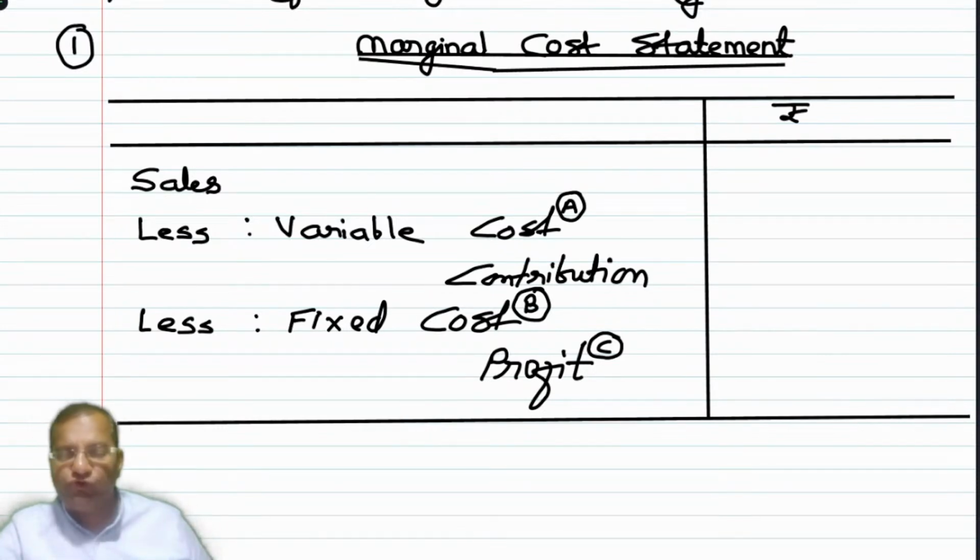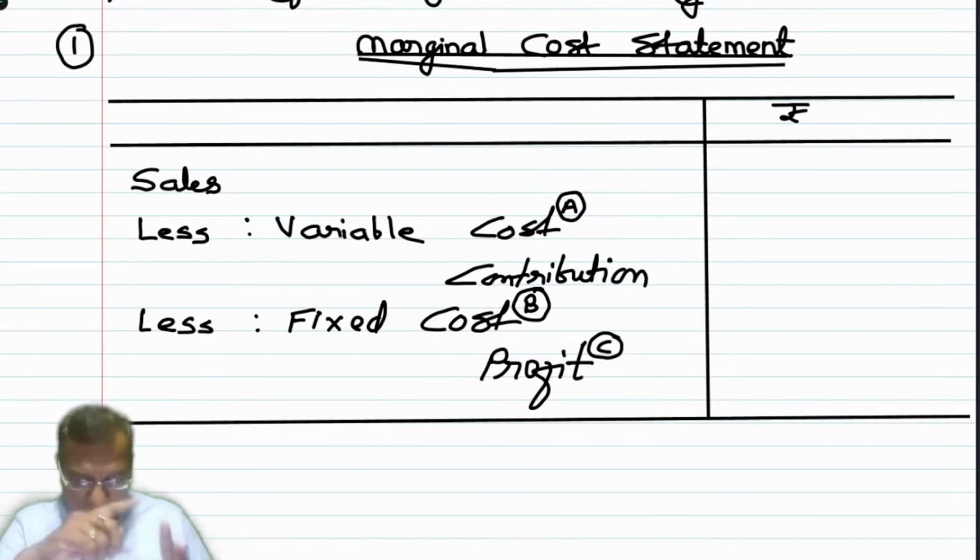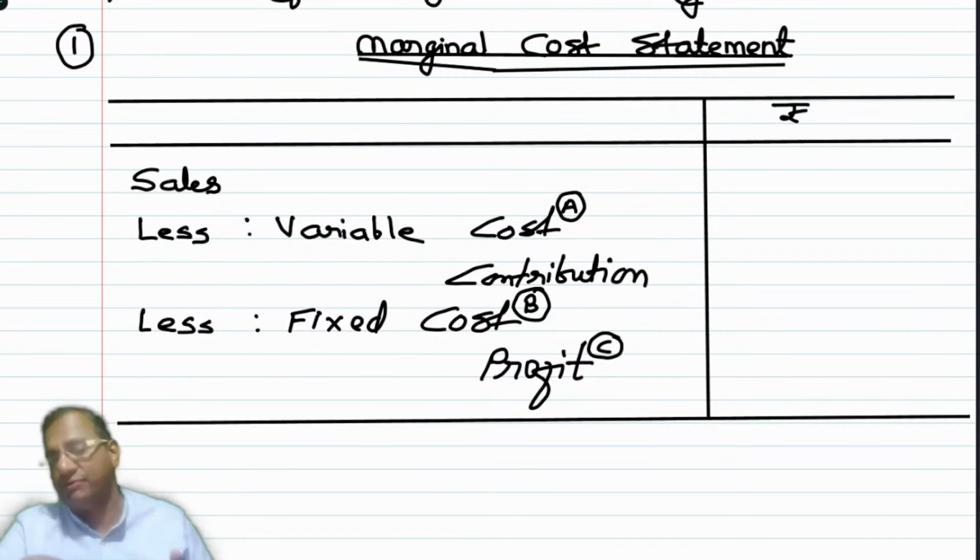All kinds of variable cost will be covered under the head variable cost in marginal costing, whether that is a direct cost or variable overhead, it doesn't matter. There are 3 types of variable overhead: variable factory overhead, variable admin overhead, and variable selling and distribution overhead.